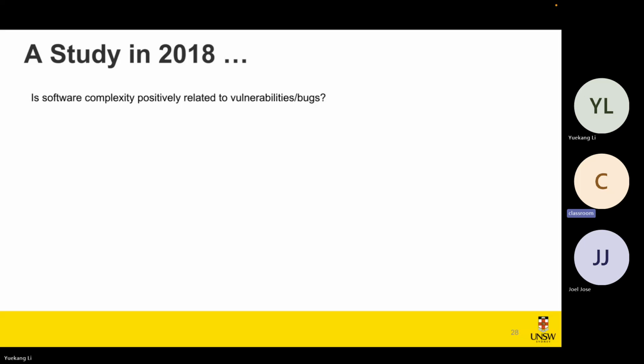So this is the research question which is trying to be solved by this study. And the finding is actually hard to tell. We can hardly say that a more complex piece of code is more likely to be buggy or more likely to be vulnerable. It actually all depends on different situations and scenarios.